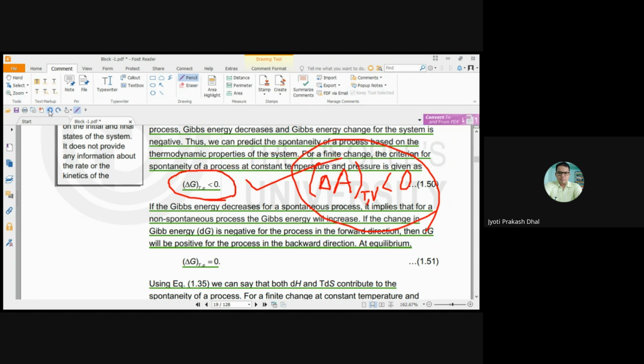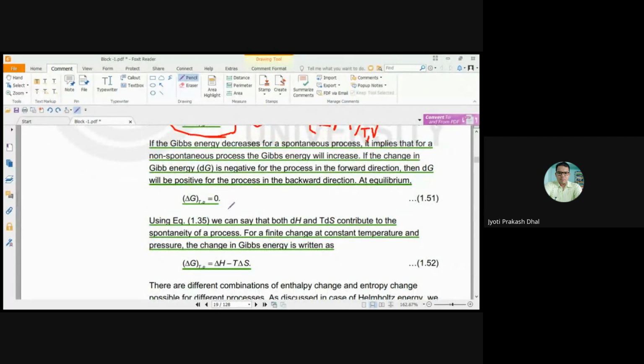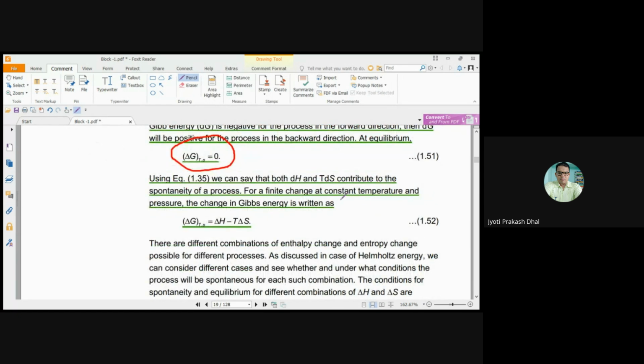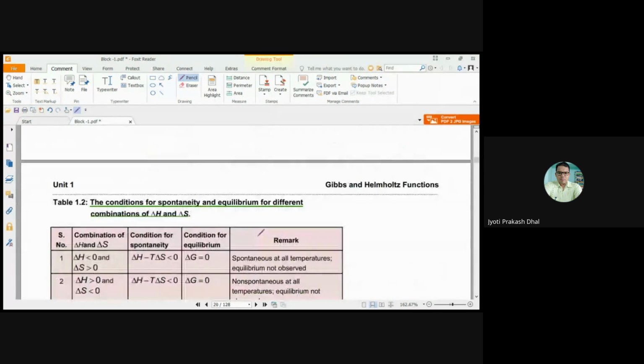And if ΔG at constant temperature and constant pressure equals 0, then the system is at equilibrium. And for a finite change at constant temperature and constant pressure, the Gibbs energy can be written as ΔG equals ΔH minus TΔS.